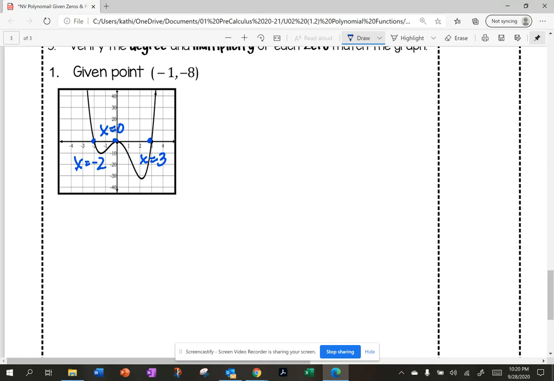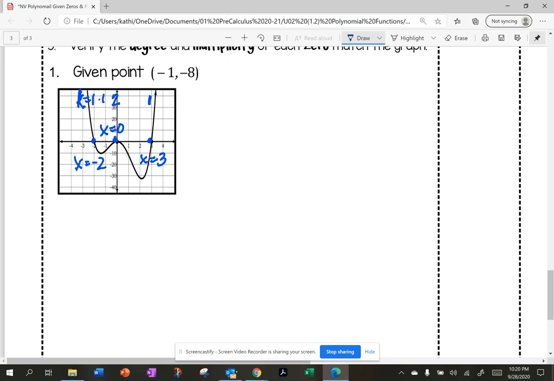Let's look at what the multiplicity is. For the zero here, I'm crossing straight, so the multiplicity is 1. Here I'm bouncing, so I know my multiplicity here is 2. And here I'm crossing pretty straight, so my multiplicity is 1.